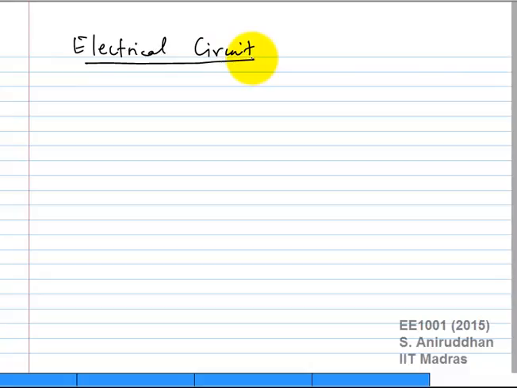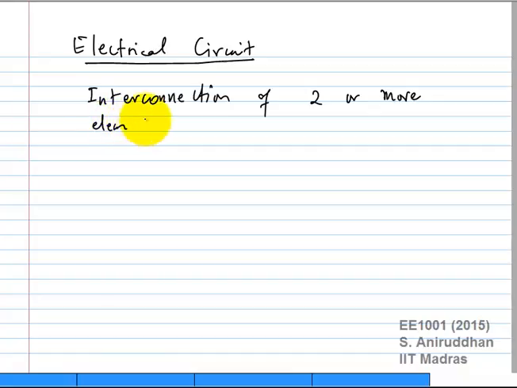An electrical circuit can be defined as an interconnection of two or more electrical elements.